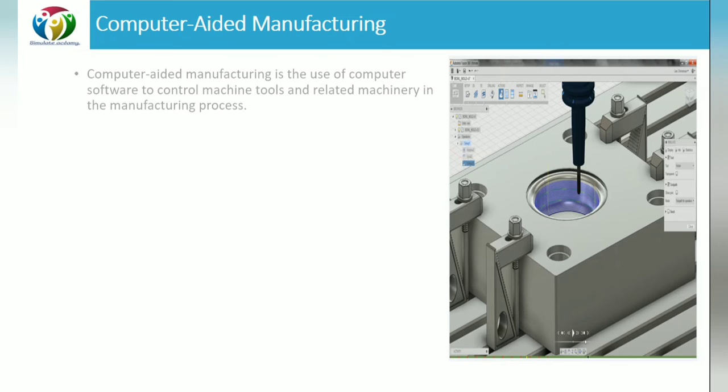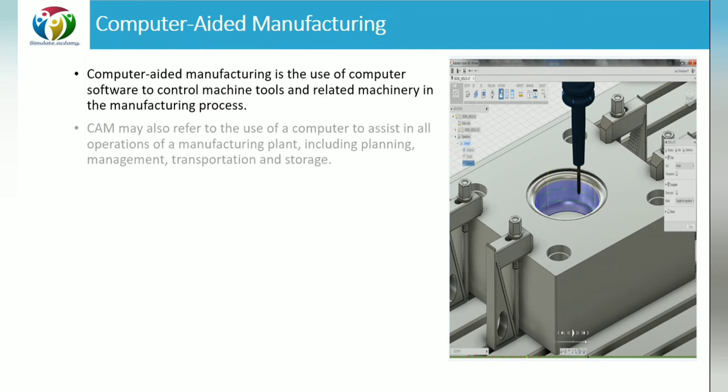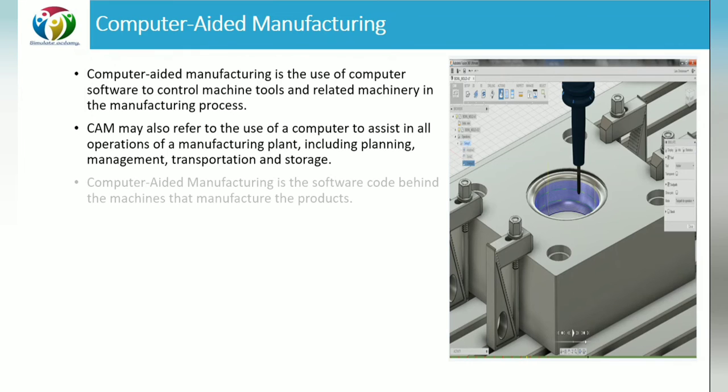Computer-aided manufacturing. Computer-aided manufacturing is the use of computer software to control machine tools and related machinery in the manufacturing process. CAM may also refer to the use of the computer to assist in all the operations of a manufacturing plant, including planning, management, transportation, and storage.